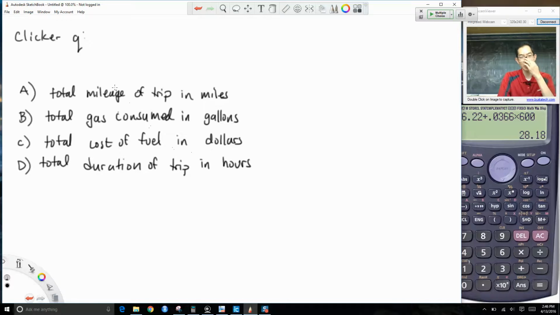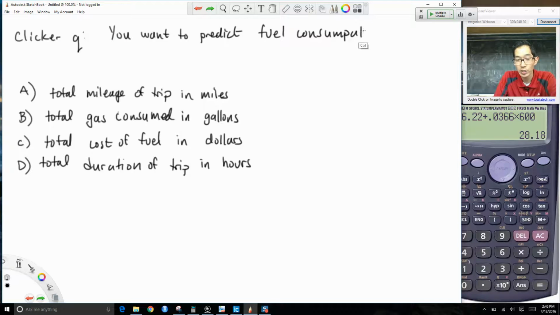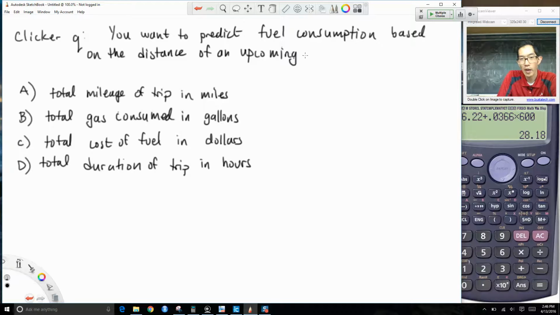Okay, so these are your answer choices, and the question is, you want to predict fuel consumption based on the distance of an upcoming road trip. Okay, what is the explanatory variable?